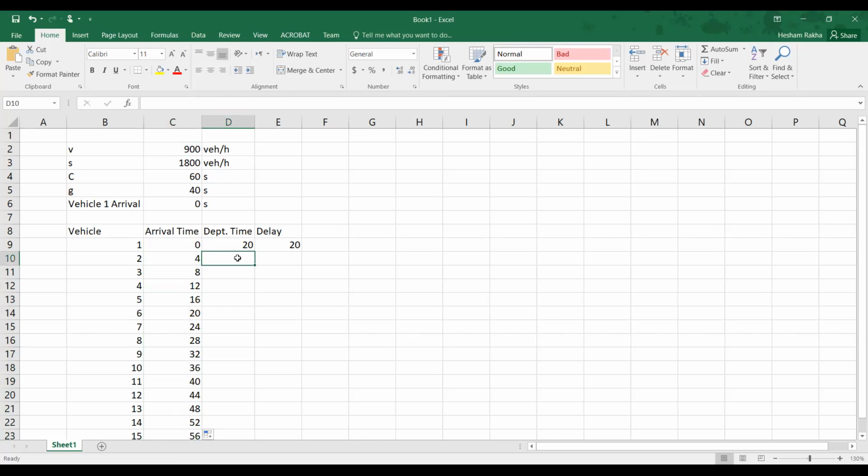What is the earliest time that vehicle number 2 can leave the intersection? What is the earliest time?